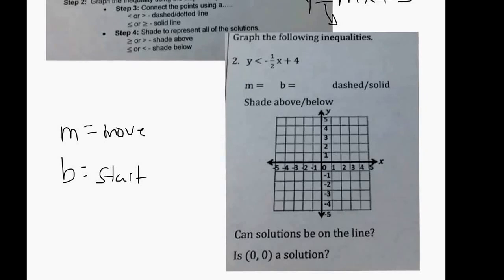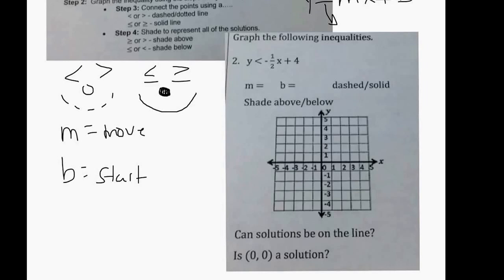We have some things to remember. We had these faces. Okay. And then we had this face. And these were to help us to know whether it's a dashed or dotted line or a solid line.